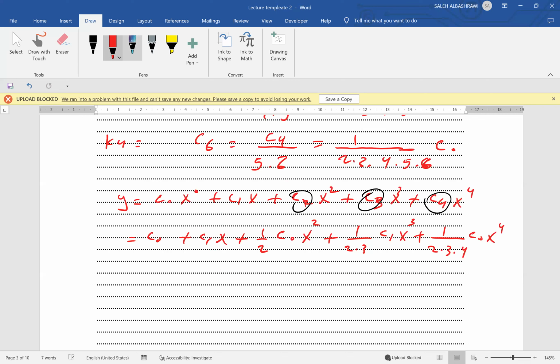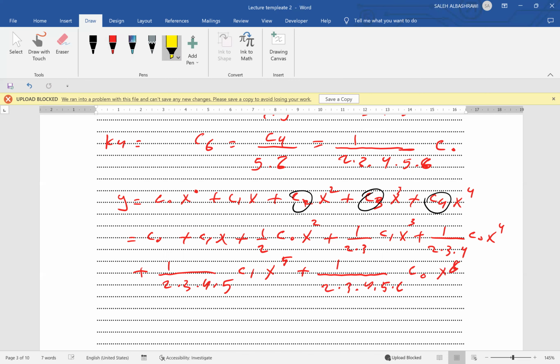And keep going in this way. C5 will be 1 over 2 times 3 times 4 times 5 C1 x to the power 5, plus C6, which is 1 over 2 times 3 times 4 times 5 times 6 C0 x to the power 6.